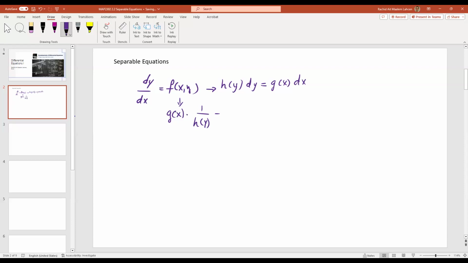Formally, in this formula, when you look into software and other places, usually it's written as some function p of y, where p of y is 1 over h of y. So this f of x, y can be written as a product of two functions, each one with its own variable.